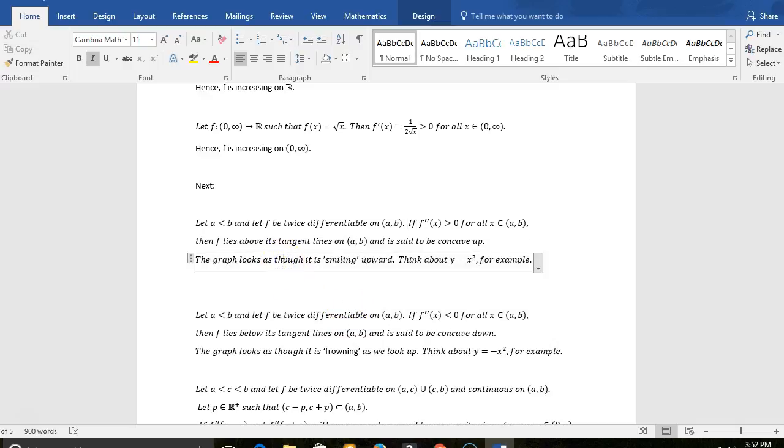Likewise, if you let a be less than b, and if you let f be twice differentiable, if we let f double prime be less than 0, then f lies below its tangent lines, and it's said to be concave down. The graph looks like it's frowning. Think about y equals negative x squared, the upside down classical parabola, and you can just let x go from negative infinity to infinity, or you could do an (a, b) interval where a is a negative billion and b is a positive billion.